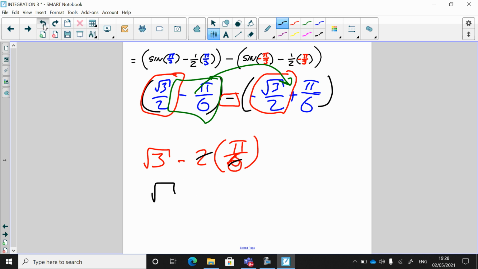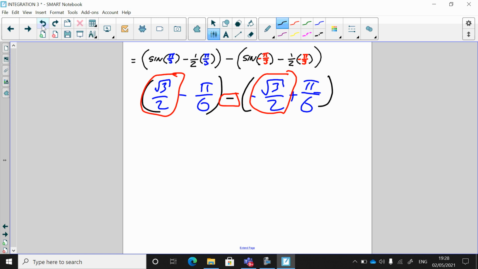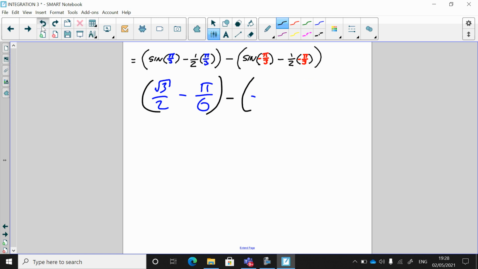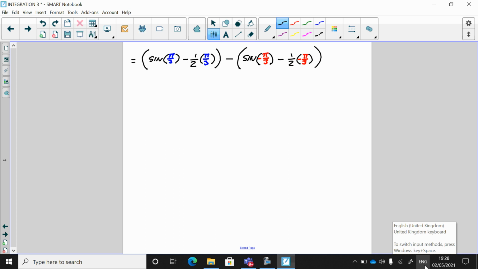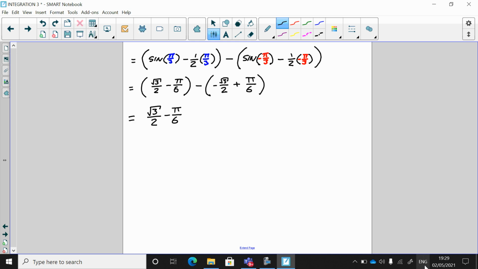So I'm just doing this off the hoof. Off the hoof means in my brain. Let's see, what did I have? Yeah, root 3 over 2, pi over 6, that's it. Yep, get the like terms.